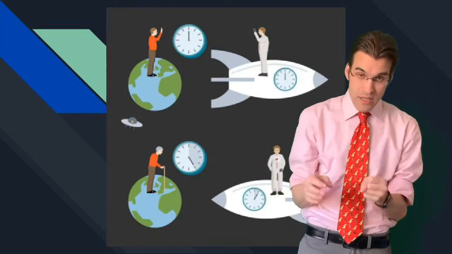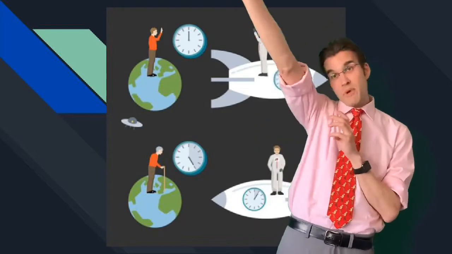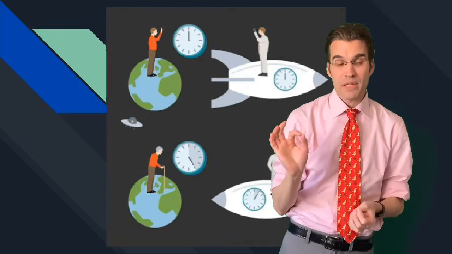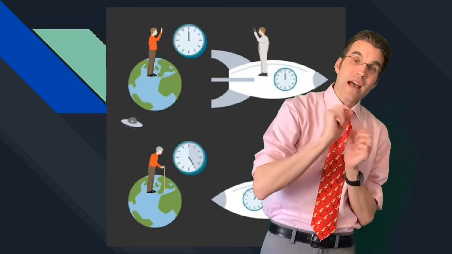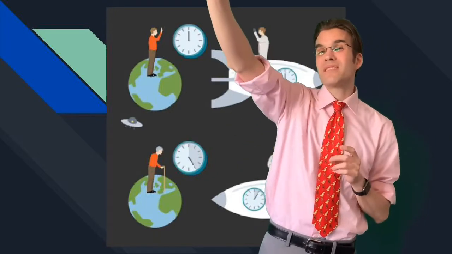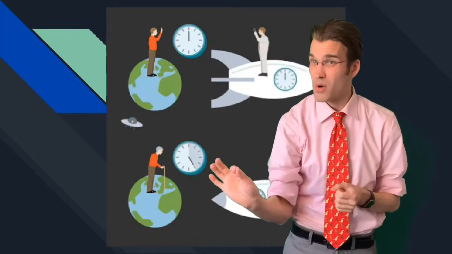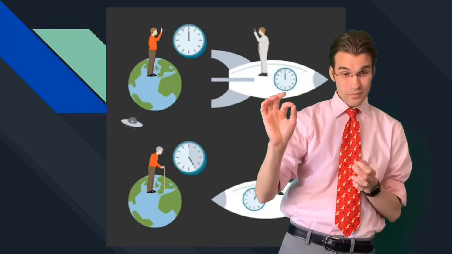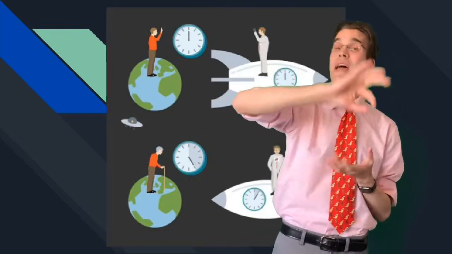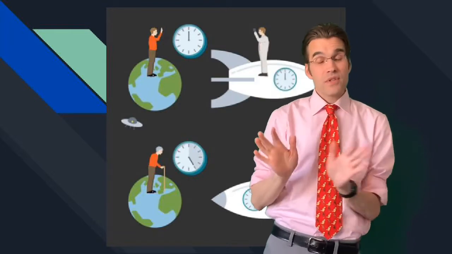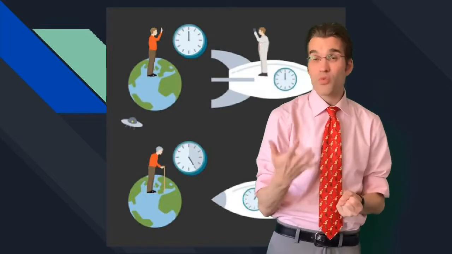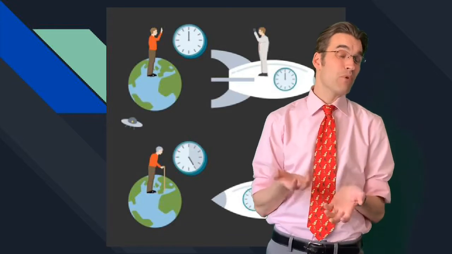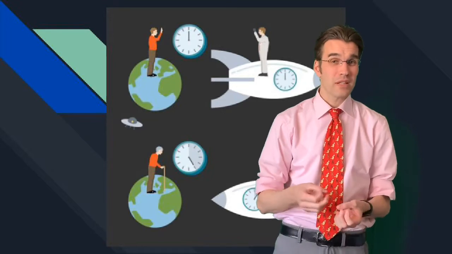Now, if the one twin says, well, I'll see you later, and the other one gets on a spaceship and flies off, and they're going that fast, what's going to happen is that the astronaut that's flying through space is actually going to age slower than the twin that's on the planet because of how fast they're traveling through space-time. It's really complicated. And there's actually a lot of really cool videos that you can watch that try and explain it in a simple way. But it's really a complex thing. Let's go to the next slide.